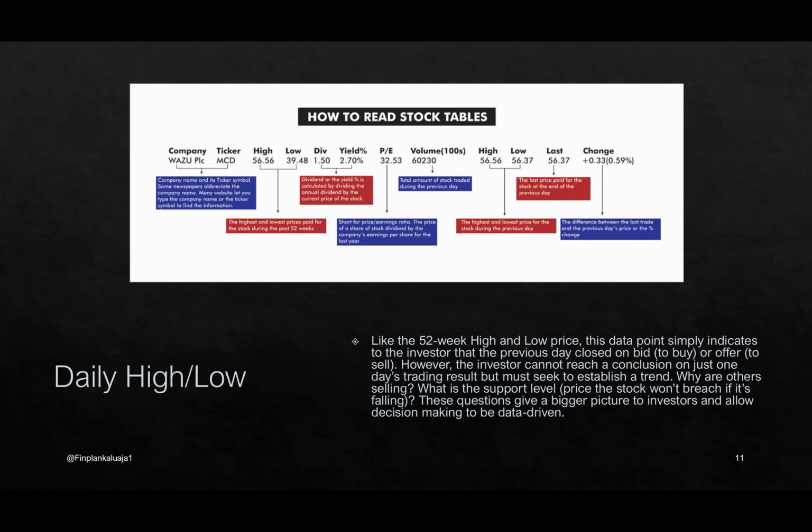And the volume, like I said, ties in with the daily high and low. The daily high and low, of course, is the same as the annual high and low, but in this case, it's just for the day. So the daily high and low is telling us how the price traded that day. In our example, the band is very tiny: 56.56 as compared to 56.37.